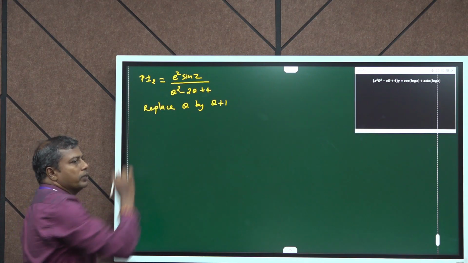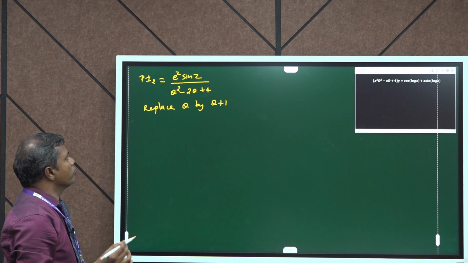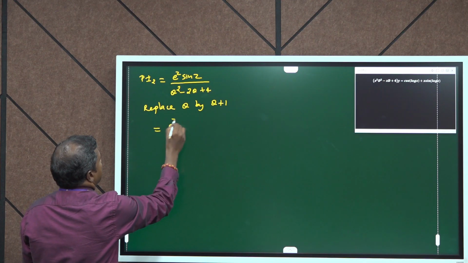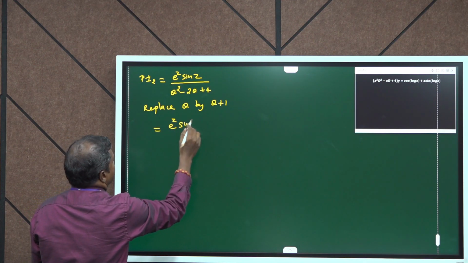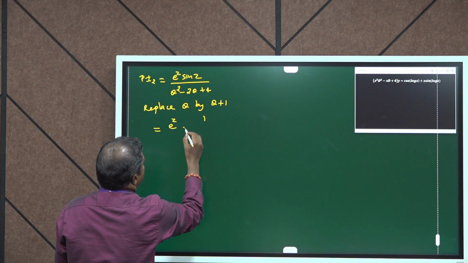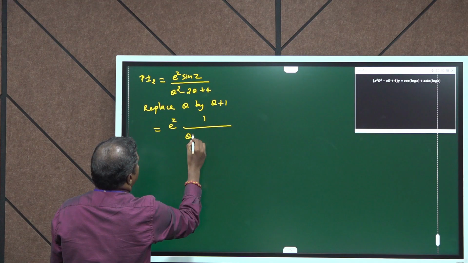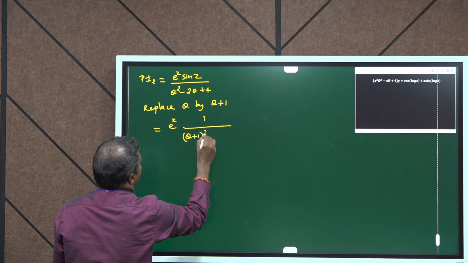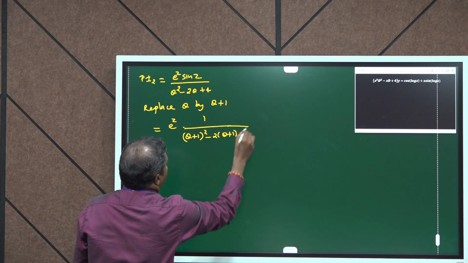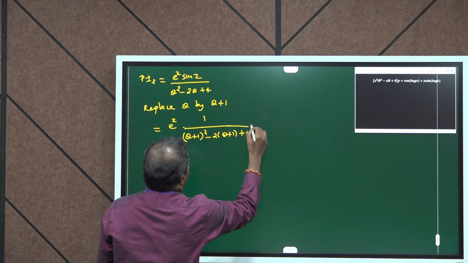So this is of the form e power ax into some function of x. So we have to replace theta by theta plus 1. What do we have? e power z into 1 by theta plus 1 whole square minus 2 into theta plus 1 plus 4, into sin z.